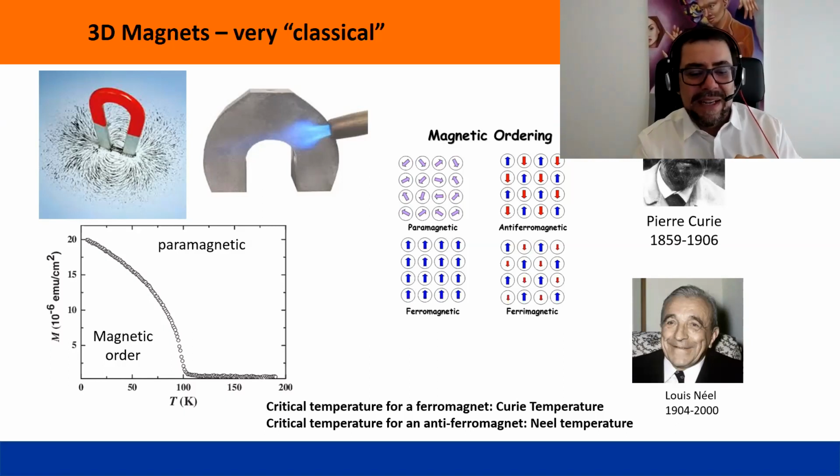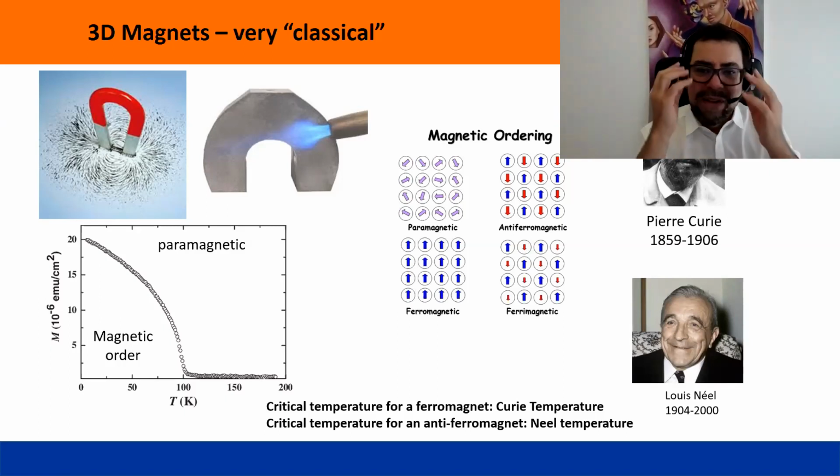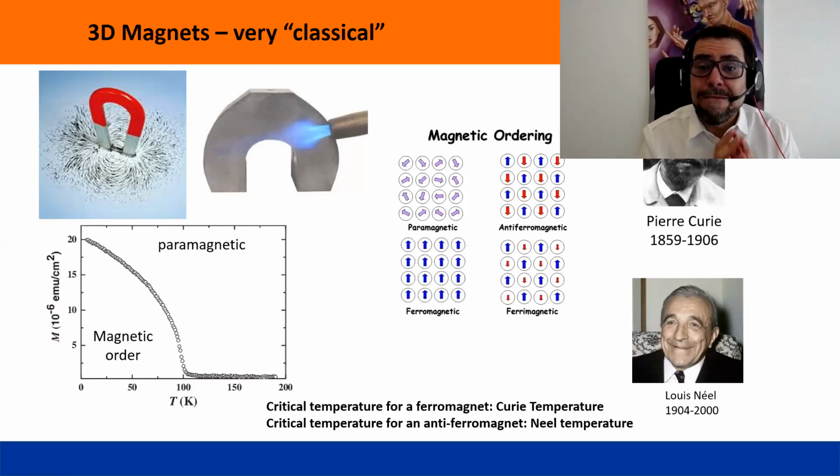And then the critical temperature for an antiferromagnet is due to Louis Néel, who essentially studied the behavior of these magnets. Okay, so this is the classical view of magnets, and it's all based on three-dimensional magnets.